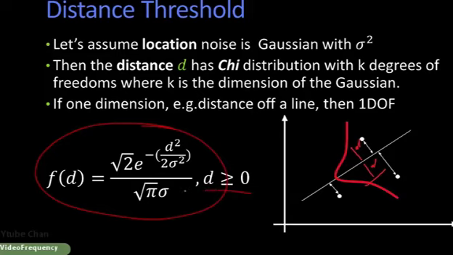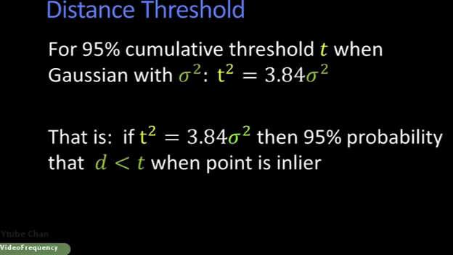All that matters is, given a noise model, you could generate a distance model. And given a distance model, you could pick a threshold. So if you have this 1D Gaussian with a distribution parameter of sigma squared, then you could set the threshold t based upon t squared equals 3.84 sigma squared.